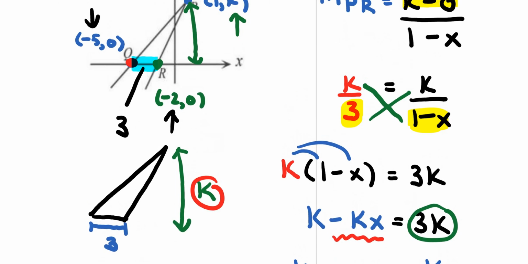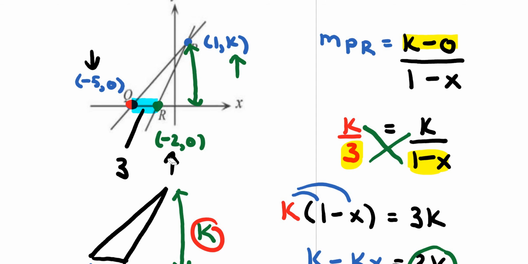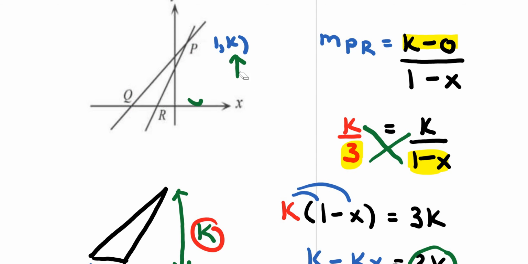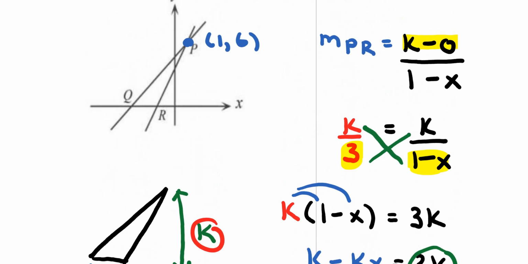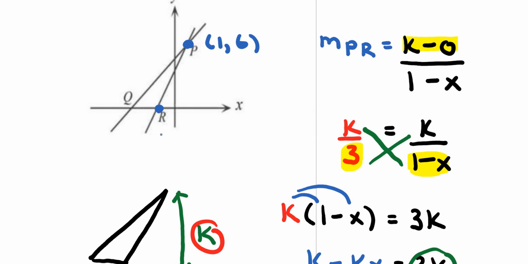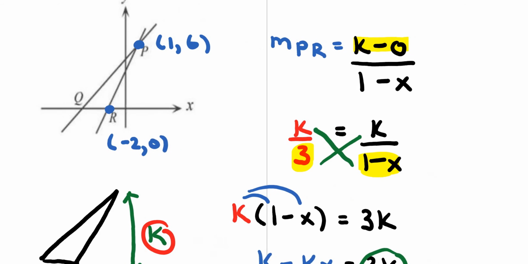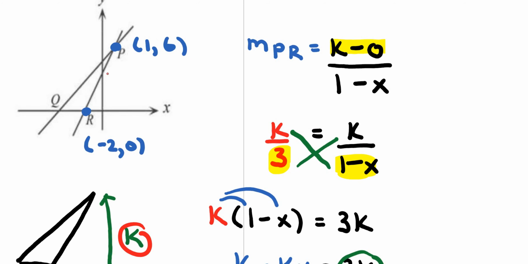So what we're trying to say here is that if I go back to this diagram here, let me just erase all this. This point right here is really 1, comma 6 because the k value was equal to 6, right? And we know that this point right here is the point negative 2, comma 0. Okay, so the last part of this puzzle is that we need to find this y-intercept, right?